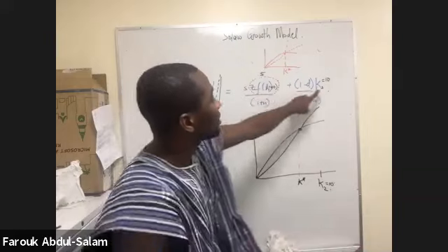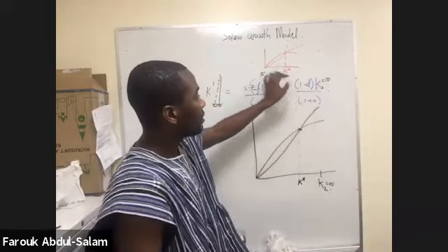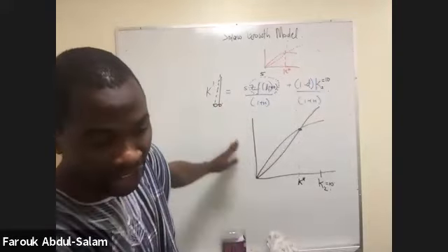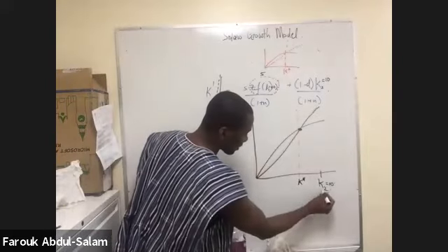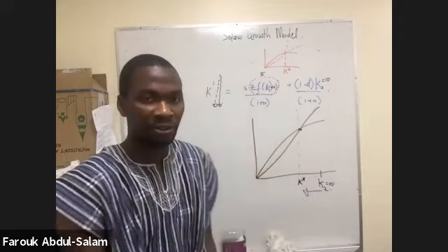Whilst this guy is already 10, because of the negative sign here, this return will undo this return, and I have a reduction in the capital for the future. So gradually, this will keep on reducing back to the steady state.